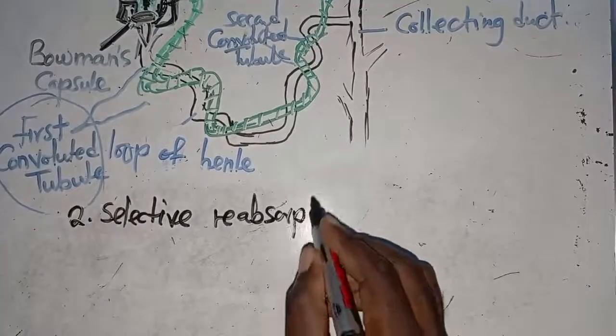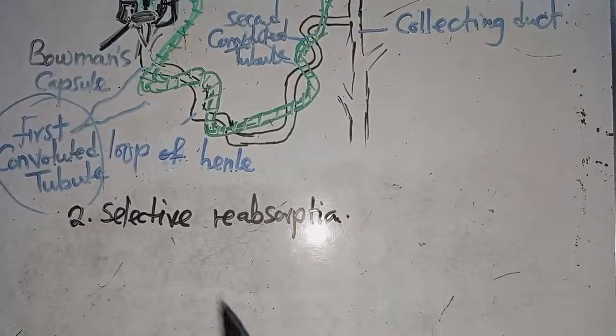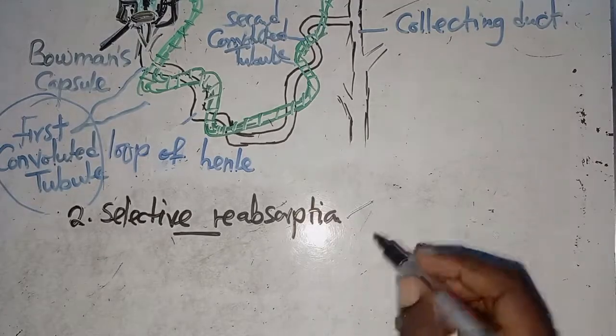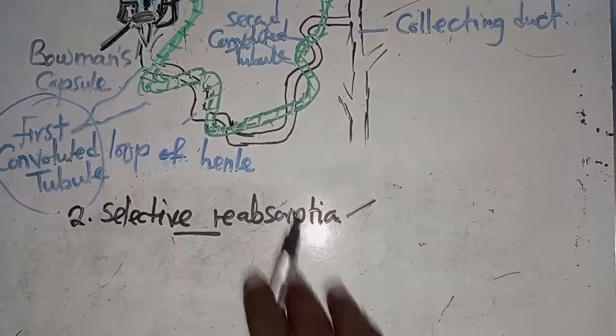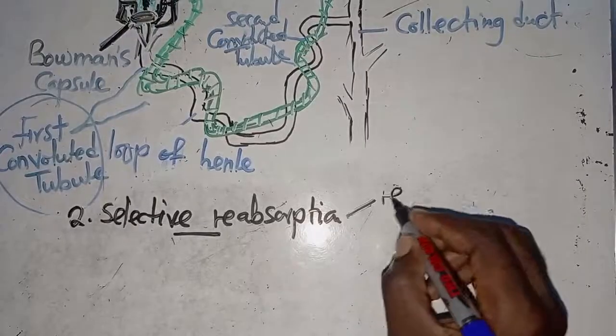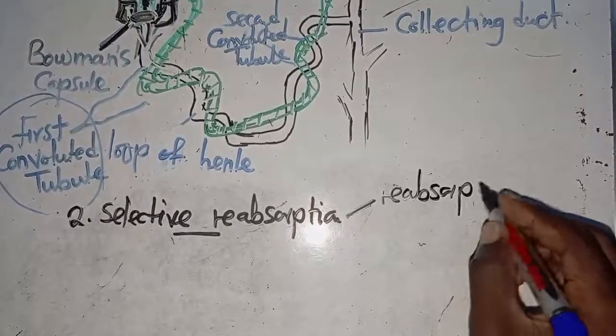Under the selective reabsorption, this is the reabsorption of useful substances from the glomerulus filtrate in the renal tubule into the bloodstream.